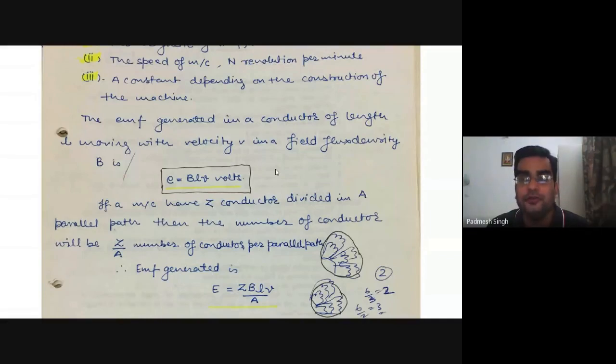The EMF induced in a single conductor of length L moving with velocity v in a flux density B is given by this expression, E equals BLV.